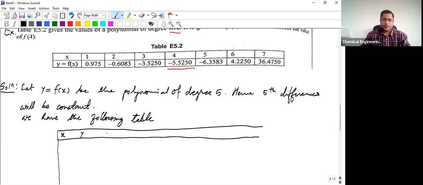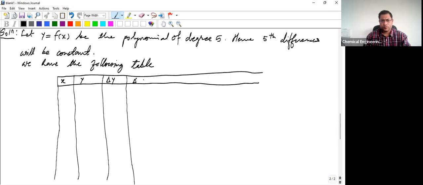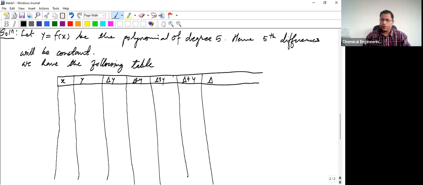So we have x, we have y, then we have delta y, delta square y, delta cube y, delta raised to 4 y, and what we know, delta raised to 5 y is going to be constant.